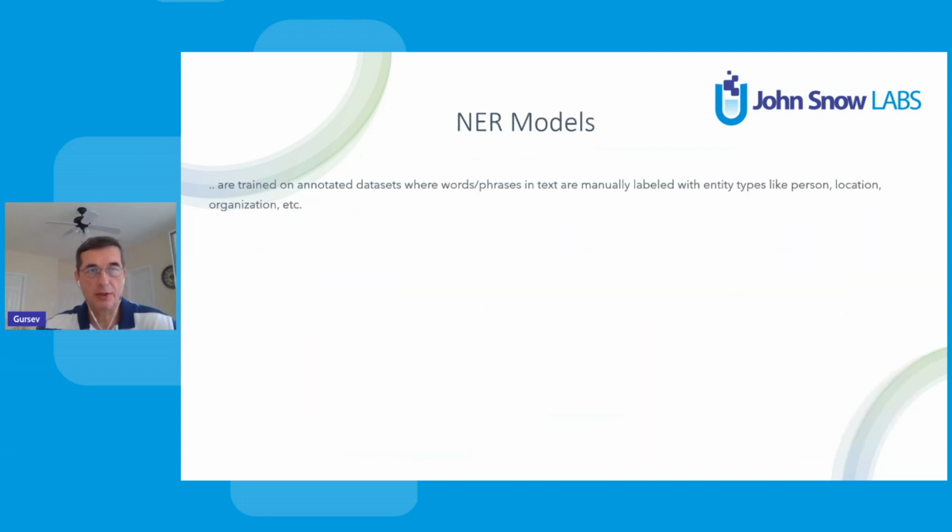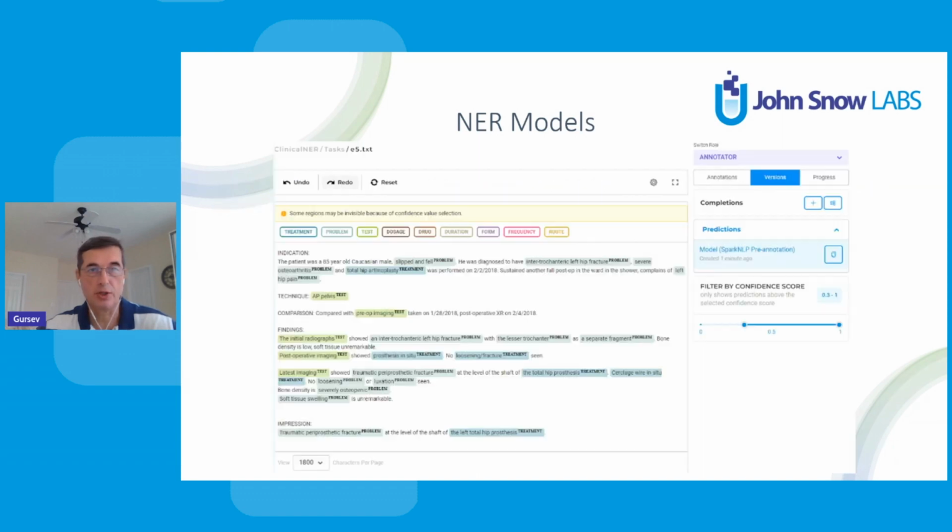So the NER models, these deep learning models are trained on annotated data sets, and they were manually labeled with entity types like person, location, organization, etc. What you see on the screen right now is the annotation lab or NLP lab.